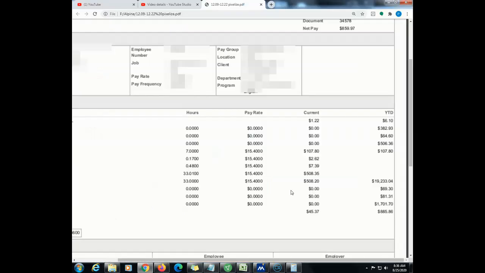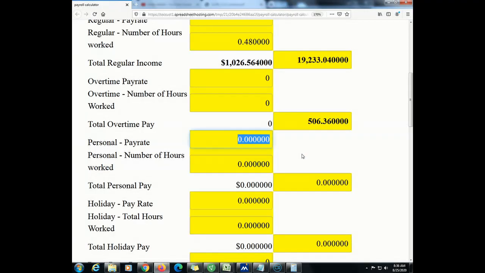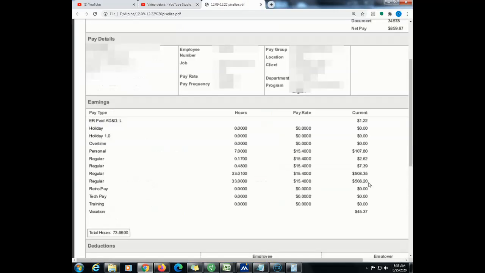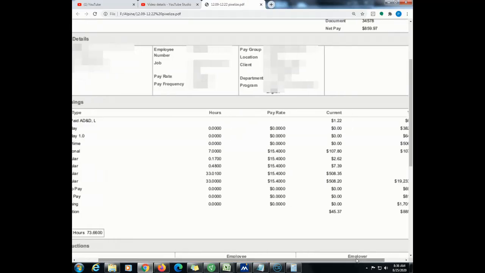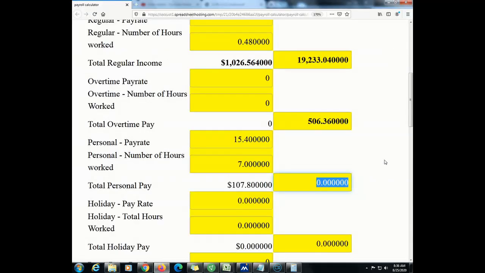And for your personal pay, let's say your personal pay for 7 hours is $15.40 per hour. Your year-to-date figure for personal pay is $107.80 as well.